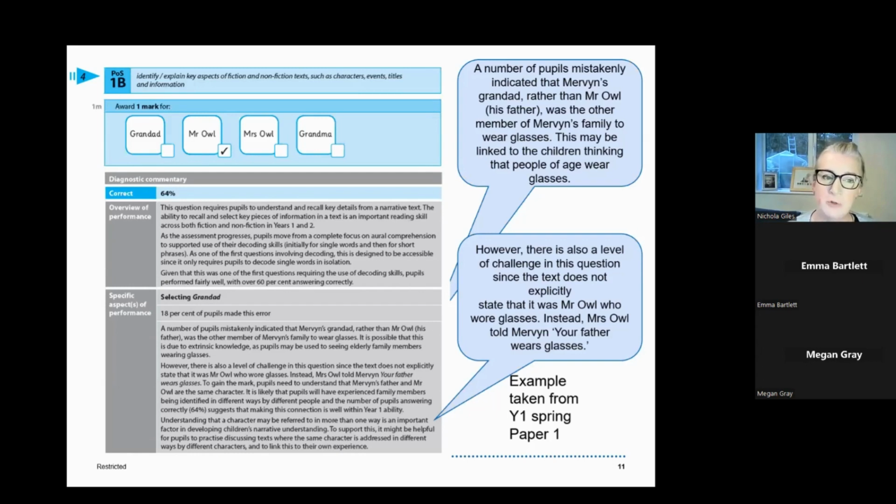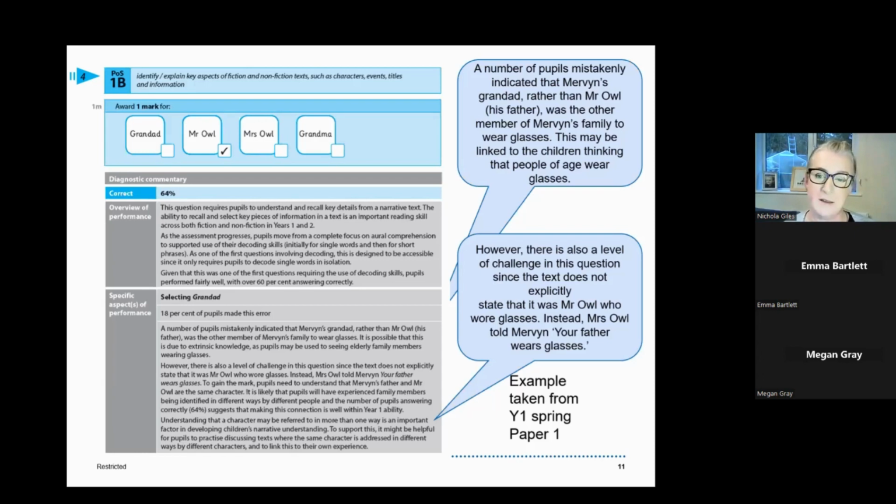But many children, 18%, actually selected granddad rather than Mr. Owl. This is really where they may have an understanding that older people in their family are the ones that wear glasses. So it might be the granddad in their family rather than actually Mr.